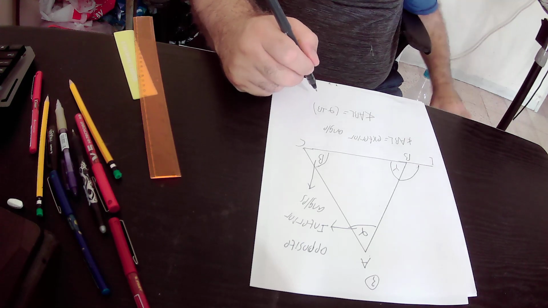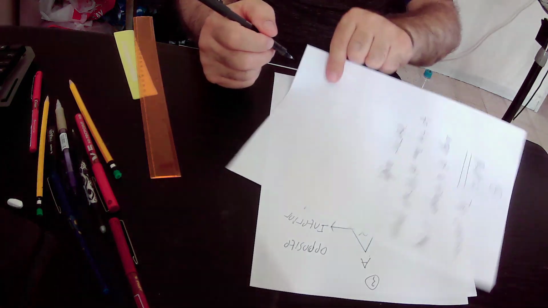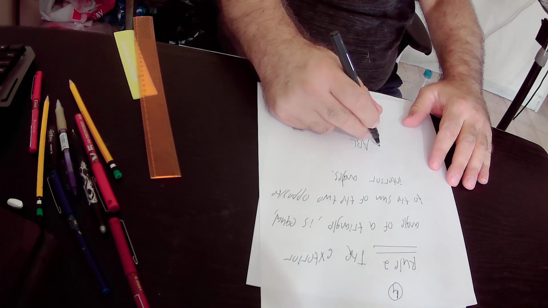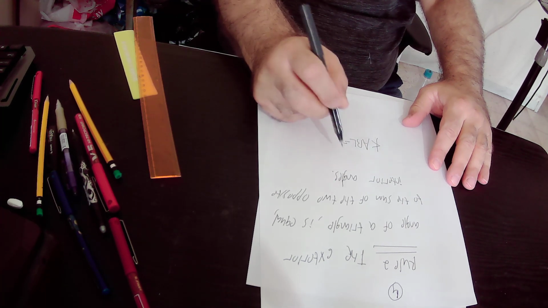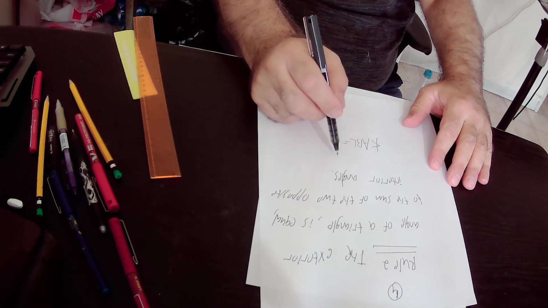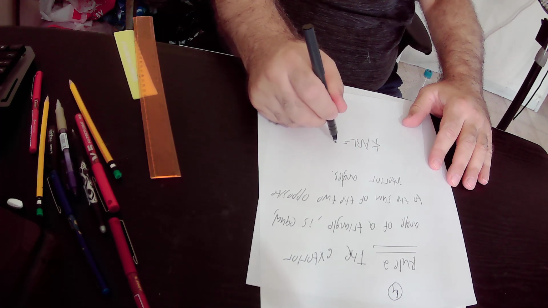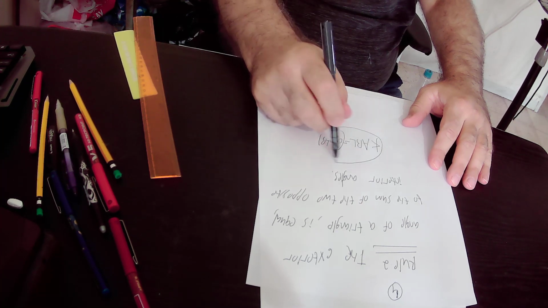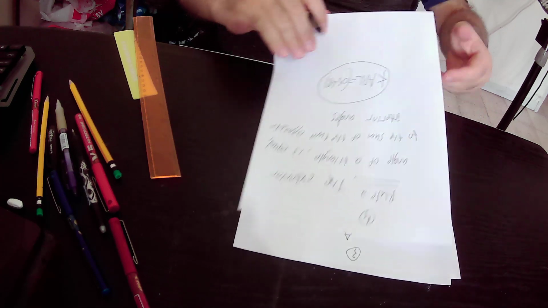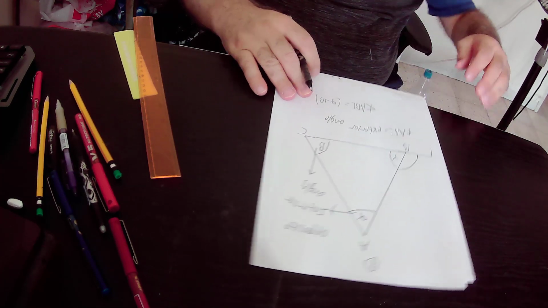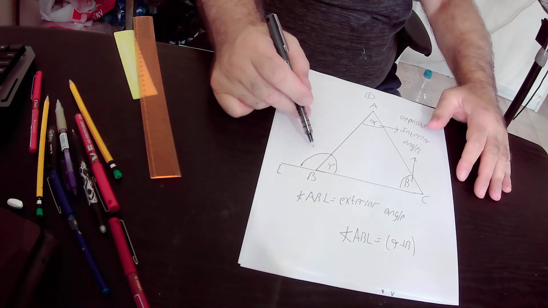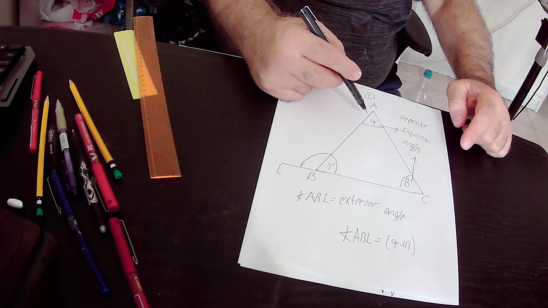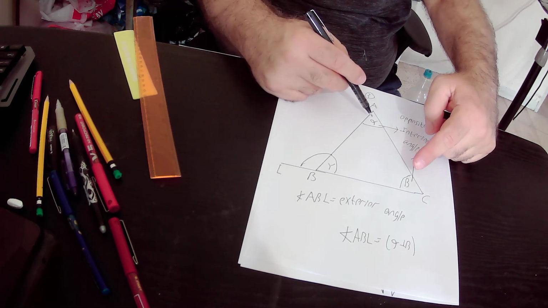Again, the exterior angle ABL equals the sum of the two opposite interior angles. That is to say, ABL equals alpha plus beta.